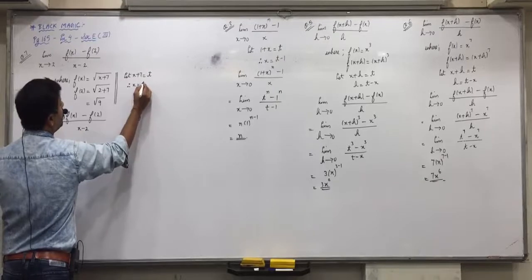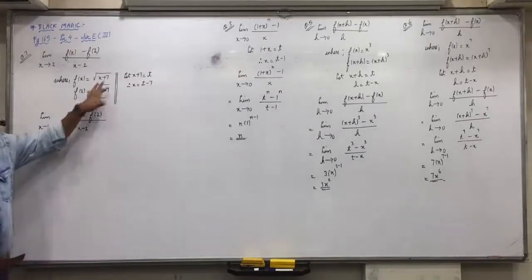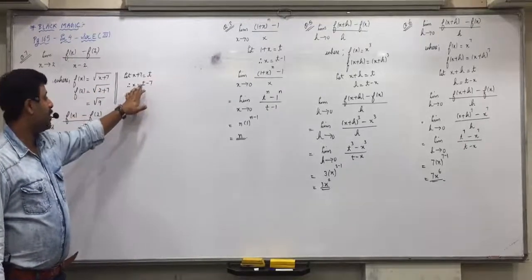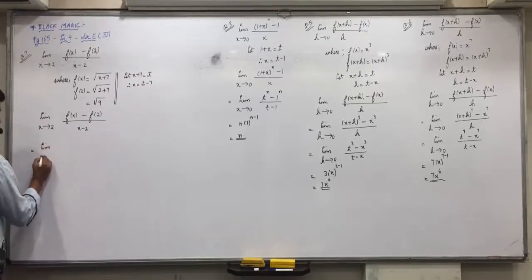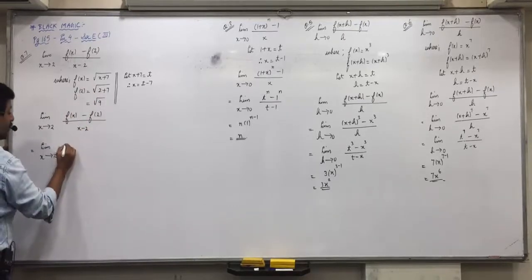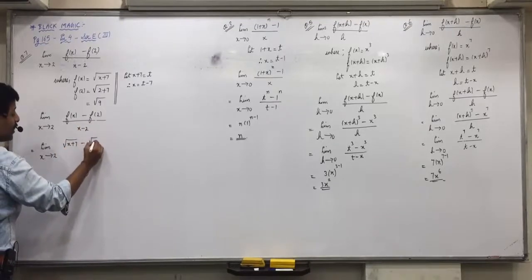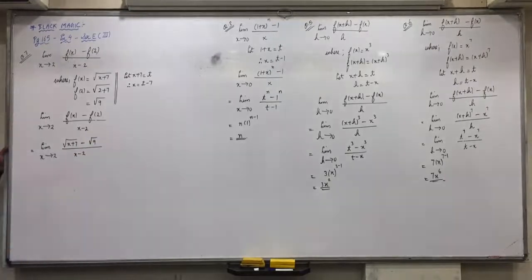So x will be equal to t minus 7. x plus 7 is taken as t, so x will be equal to t minus 7. Now limit x tends to 2. f(x) we will put as root of x plus 7, f(2) we will take as root of 9, upon x minus 2. Any confusion so far? All are clear up till here?